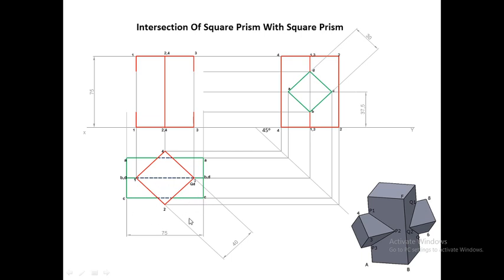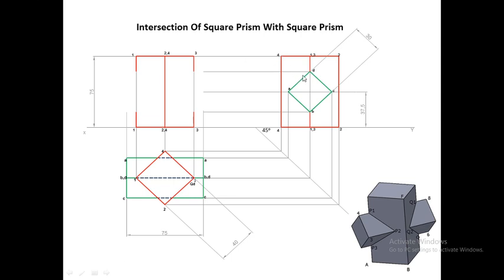Now we will project the front view of the horizontal square prism. To project the front view, you have to draw horizontal projection lines from the end points, point D and point B. This is the first line, and this is the second line.